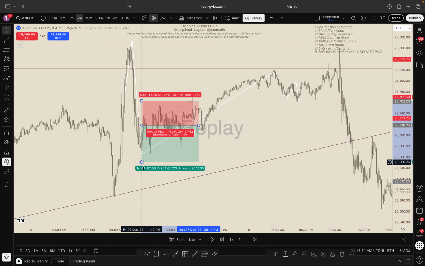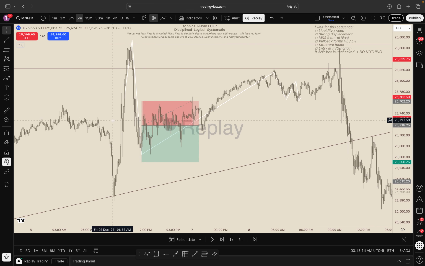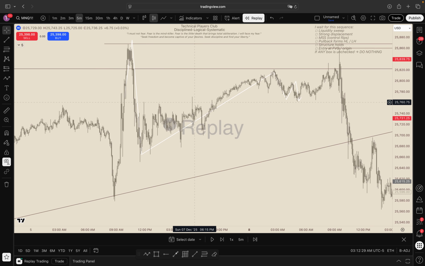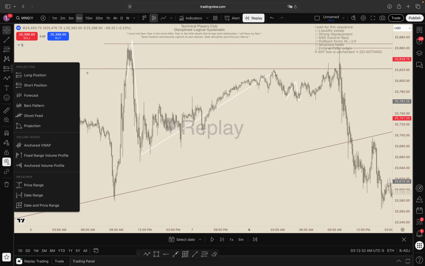You're messing with liquidity at the wrong time in the wrong places. The move already happened. This liquidity was sought out from all the way over here. Hold on. Control Z. From all the way back over here, right here, boom, that liquidity was sought out.